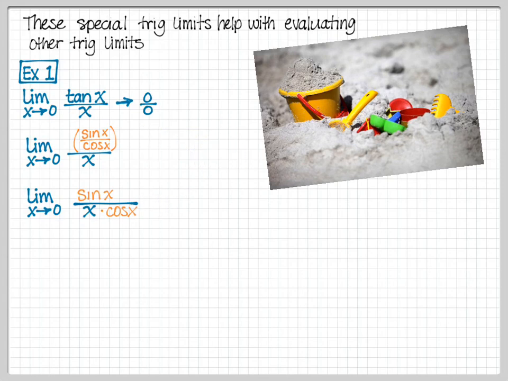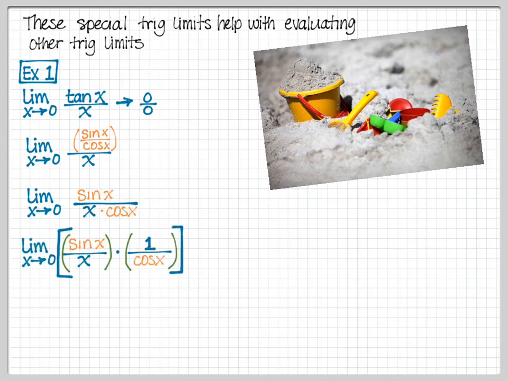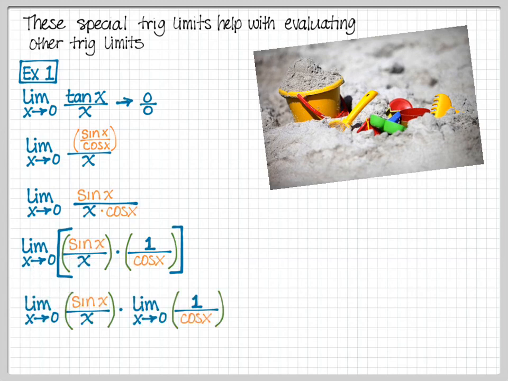I can break this up into a product of sine x over x times 1 over cosine. The limit of a product is the product of the limits, so I broke it up into the two limits being multiplied together.